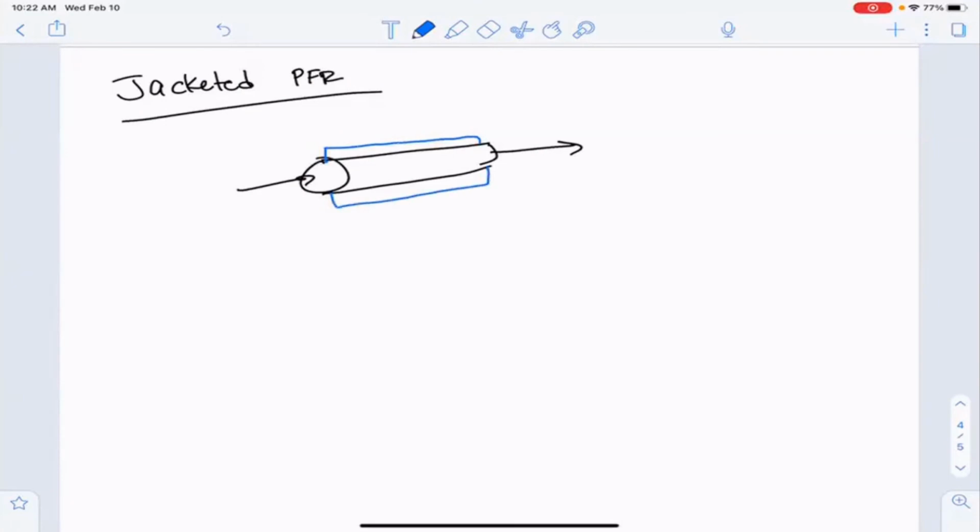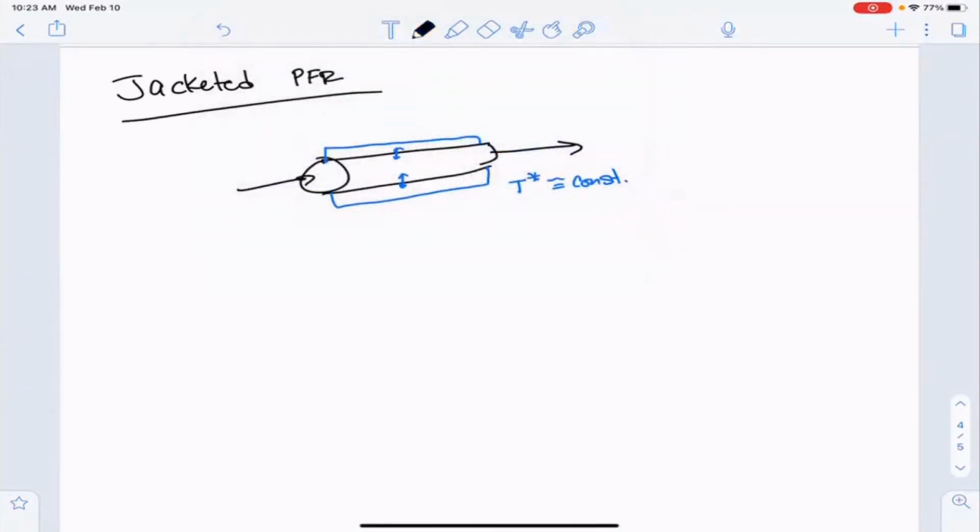And we also have flow in, right? And we have heat transfer that's occurring between the reactor and the jacket. And we'll also make the same assumption here that the temperature of the jacket is approximately equal to a constant, okay? And that'll help make our life a little bit easier.